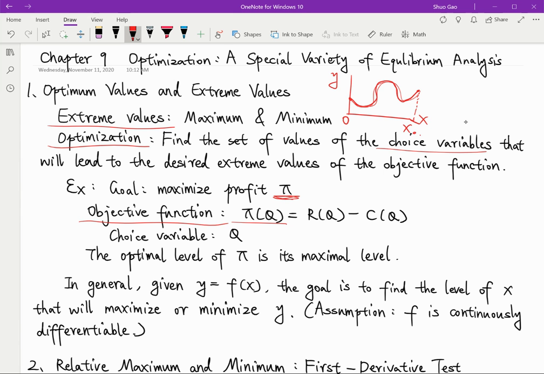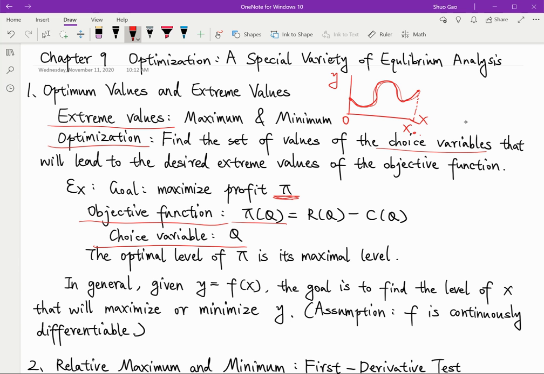This is a very simple expression for profit: your revenue minus your cost is your profit. And the choice variable in this example is Q, the quantity of goods that you produce, right?